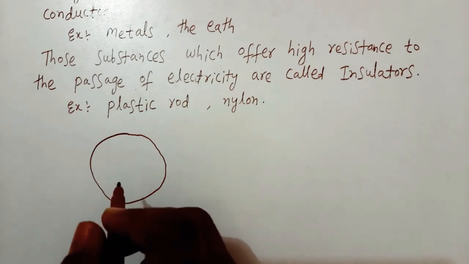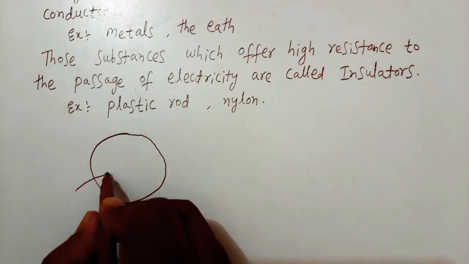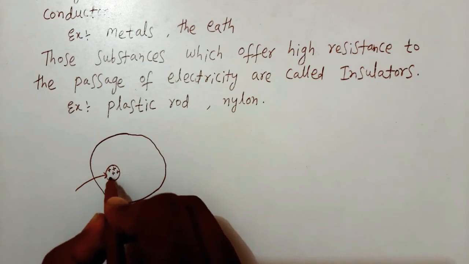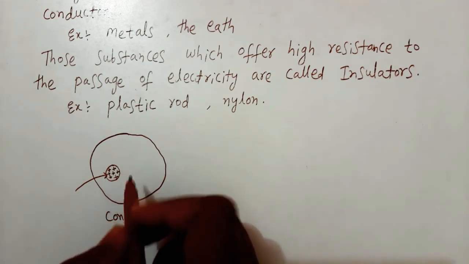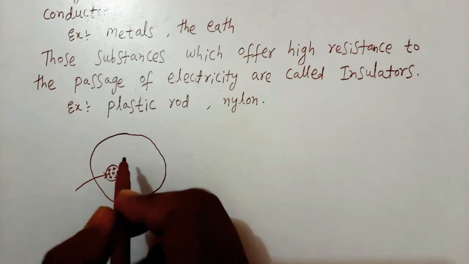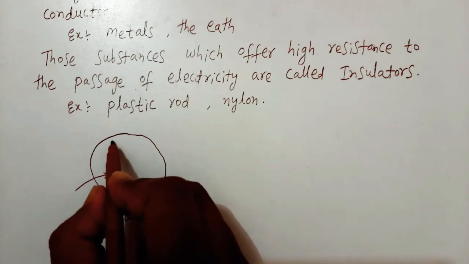If we give some charge to this conductor, for example, here I am giving positive charge, this positive charge is distributed over the entire surface of the conductor.